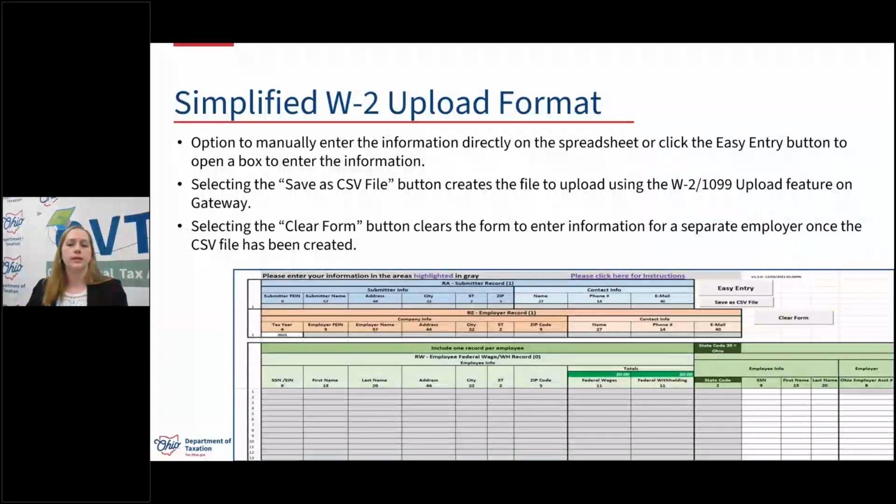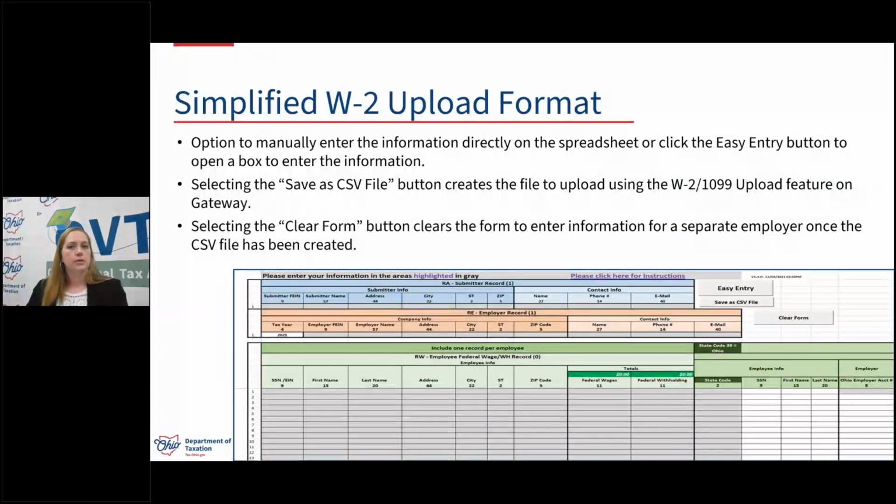You can also click the Easy Entry button to the right of the blue section, and a pop-up box will appear where you can enter the information there, and then it'll automatically put it into the spreadsheet itself. Once you get all of your information completed on the spreadsheet, you'll click the Save as CSV File button to the right of the blue section again, and it will automatically save the file in the proper format for uploading using our W-2 1099 upload feature on Gateway.